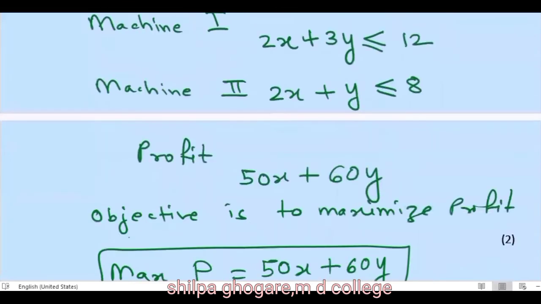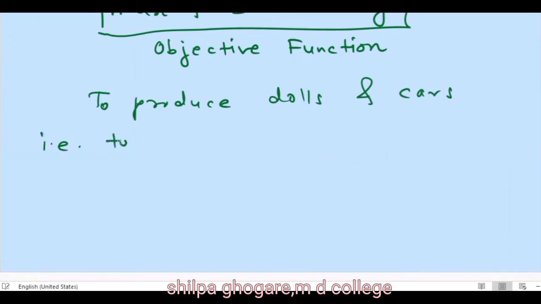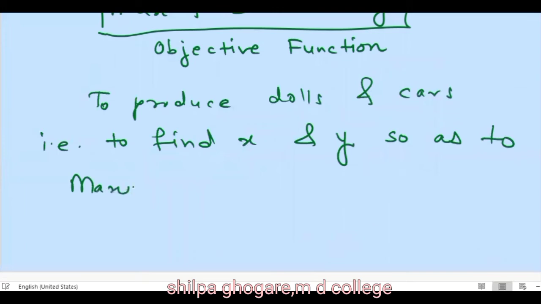If we write this together, the problem becomes to produce dolls and cars, or you can say to find x and y so as to maximize the profit.